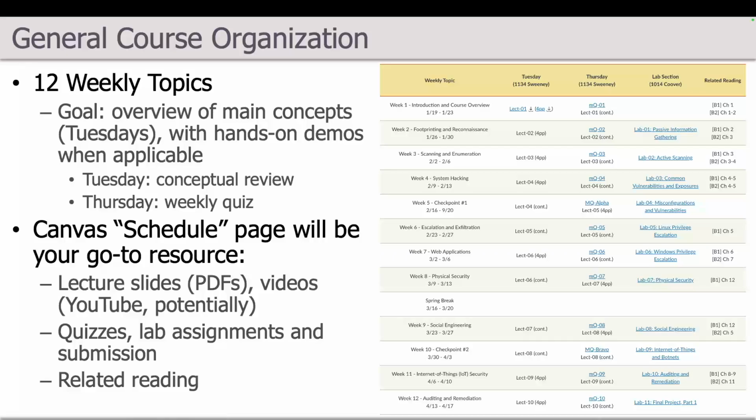I already showed a version of this same table with our general course organization. The goal is on our Tuesdays, we'll have the overview of the big picture concepts with hands-on demos depending on the topic and how easy it is for me to put together a hands-on demo of technology.